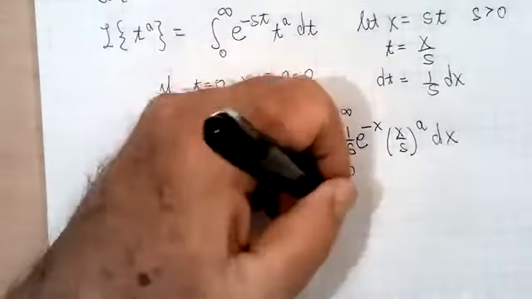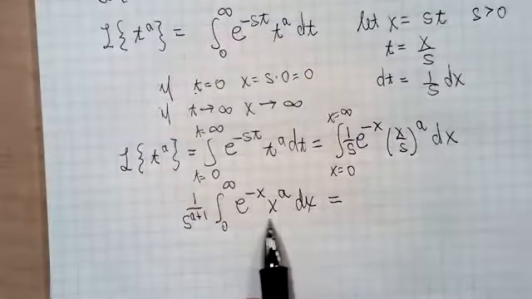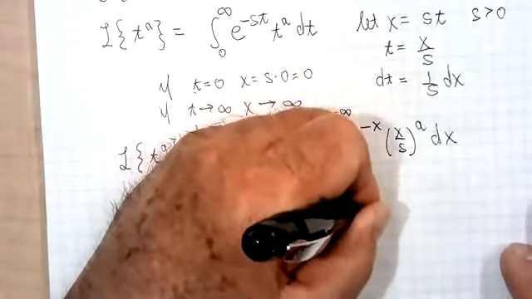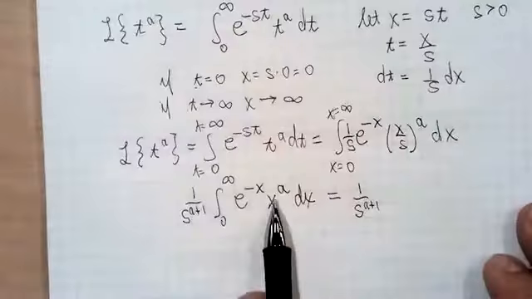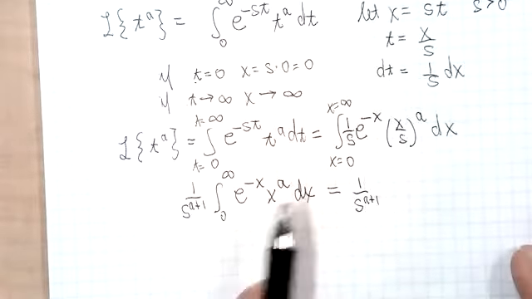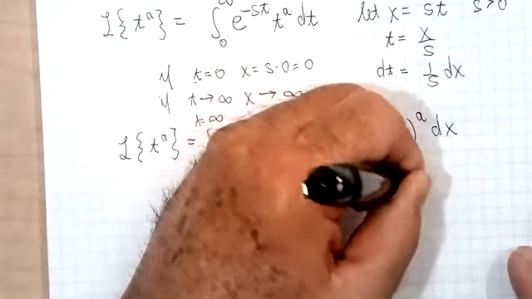So this thing is nothing other than the gamma function. Gamma of a would have an a minus 1 in here. This is gamma of a plus 1.